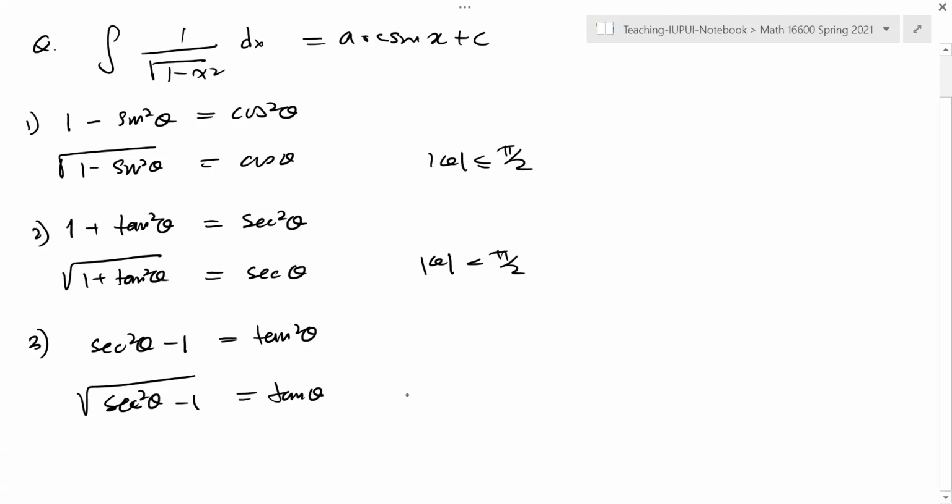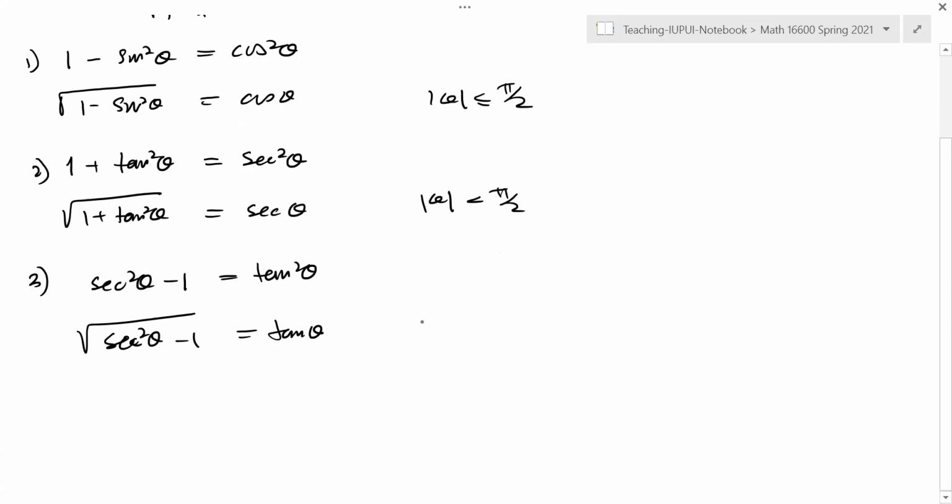Here we should assume the domain where we define arcsecant: theta is between 0 and pi over 2, or greater than or equal to pi and less than 3 pi over 2. This is the domain for secant theta on which we define the inverse function. Those are the important identities.